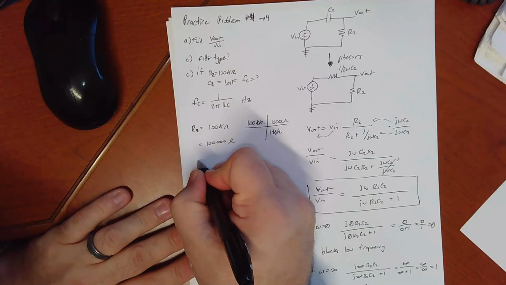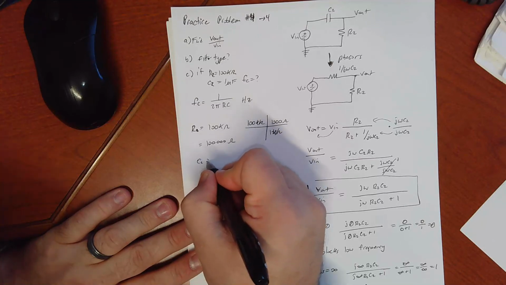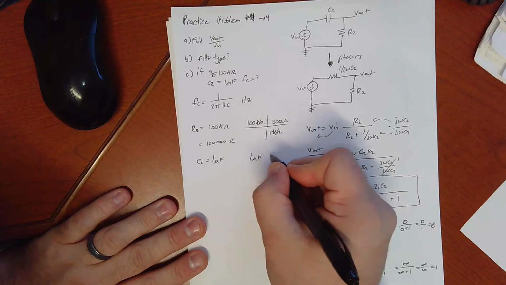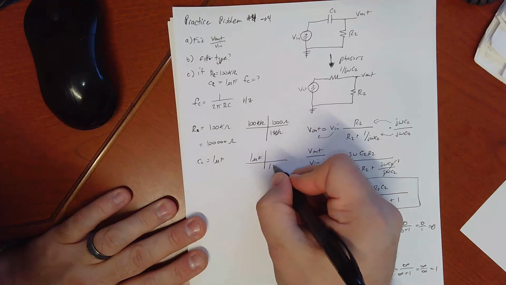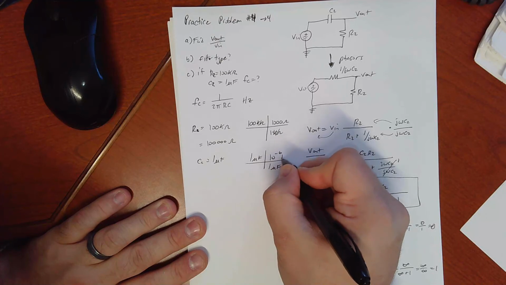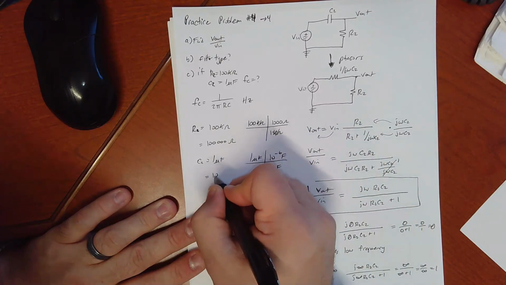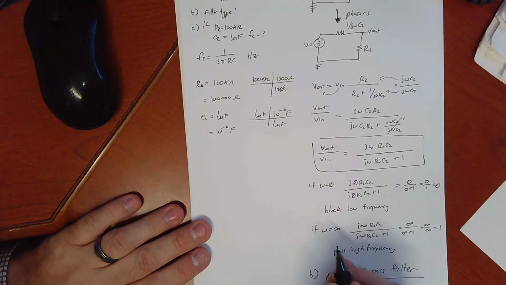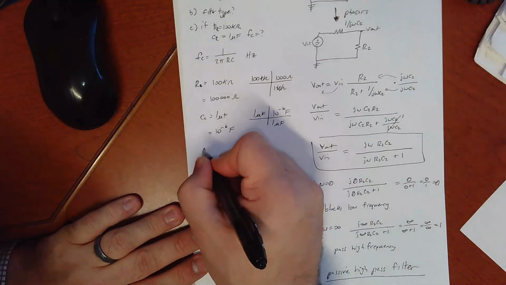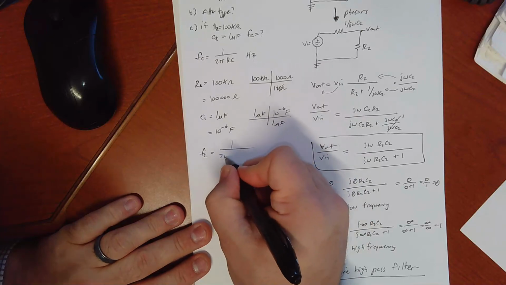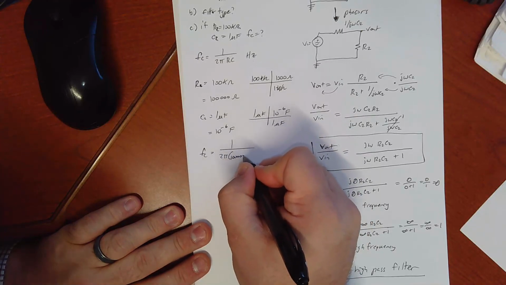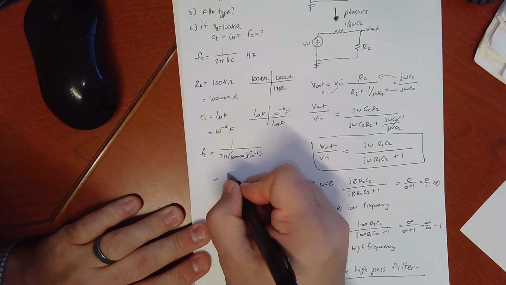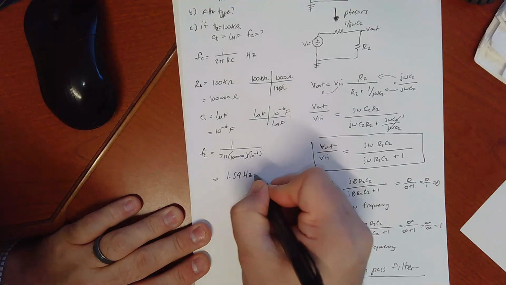Similarly, C2 is equal to 1 microfarad, and 1 microfarad is 10 to the negative 6 farads. If we do that, we can plug into our equation, and fC is equal to 1 over 2 pi times 100,000 times 10 to the negative 6, which is equal to 1.59 hertz.